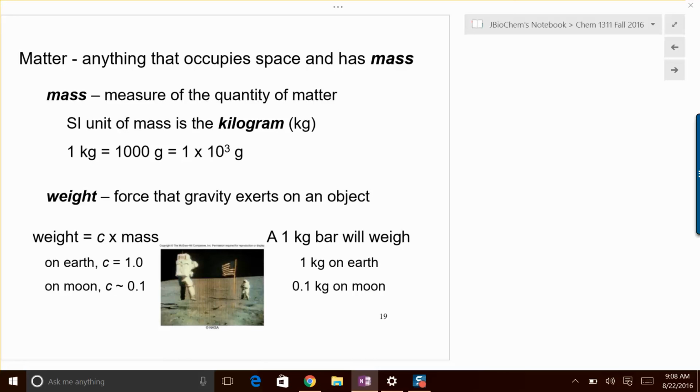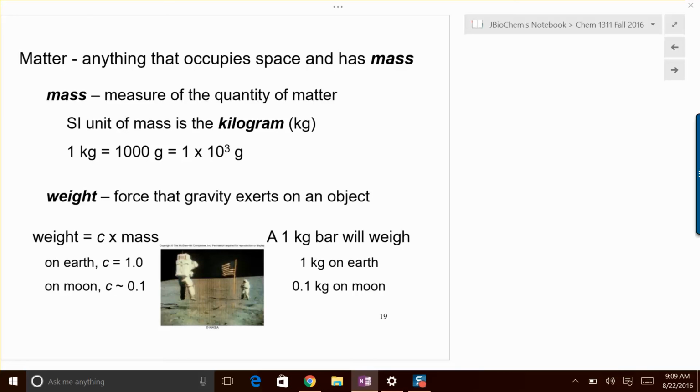But the problem is that weight is relative. Matter is not, or mass is not. The amount of matter inside of me does not change whether I'm here on Earth or on the moon. But does my weight change from here to the moon?